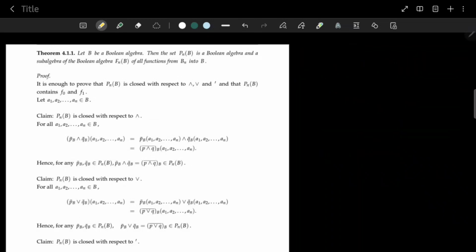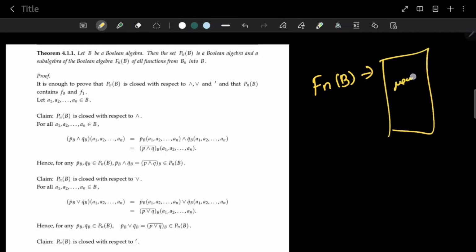To make it even simpler, think of F_n(B) as a whole menu and P_n(B) as the vegetarian section of it. Neatly defined and structured. I hope you understand what F_n(B) and P_n(B) are.